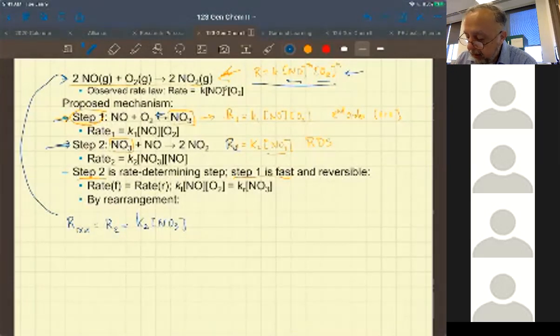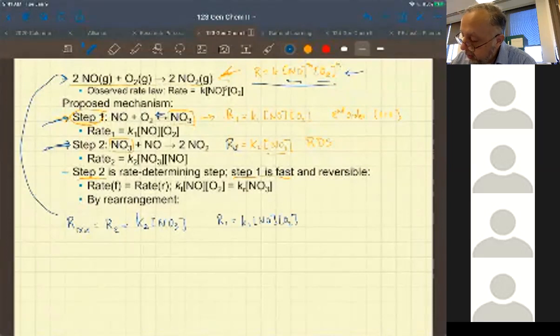When you propose a mechanism, every step of the mechanism is potentially reversible. In this case, then, the NO3 is going to start going backwards enough that it's going to become significant. So let's look at the rate 1 here. I'm going to rewrite that equation: R1 = K1 concentration of NO to the power of 1, concentration of O2 to the power of 1.